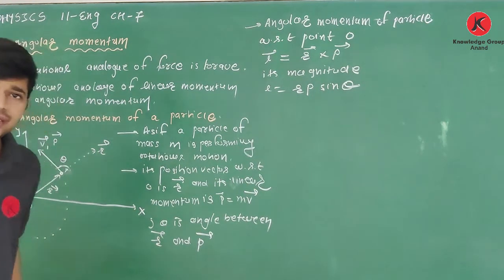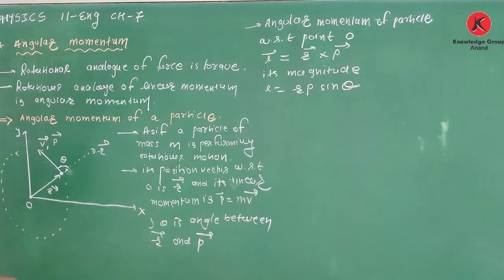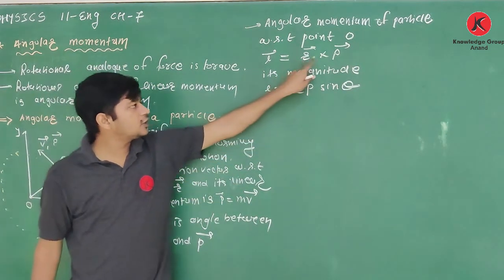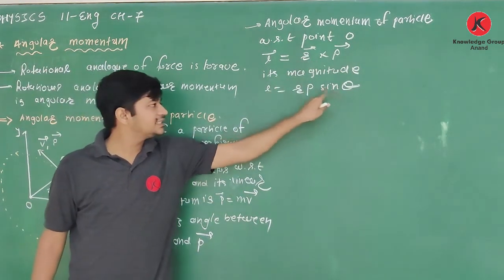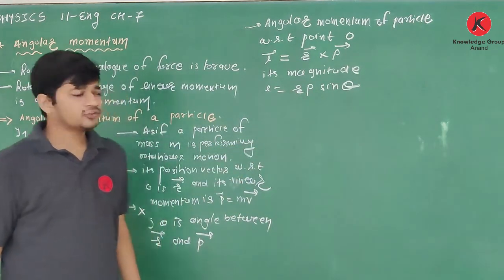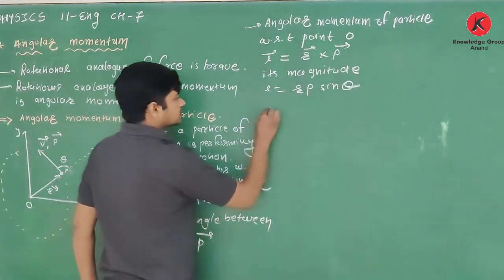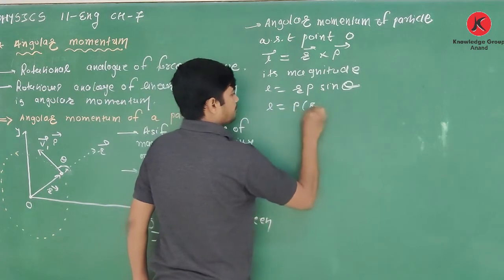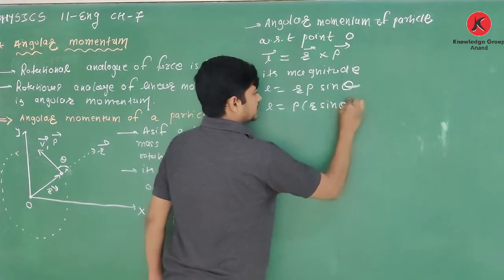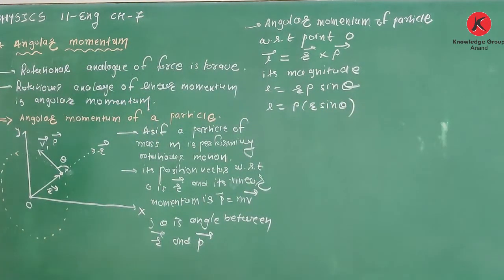You have to remember what theta is. If R cross P is equal to R P sin theta, then theta is the angle between the first two quantities. Now I can write this as L is equal to P R sin theta.